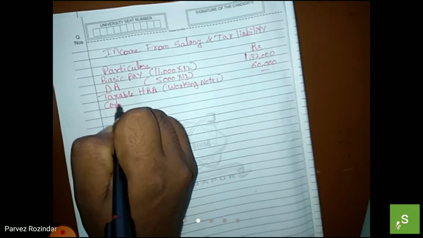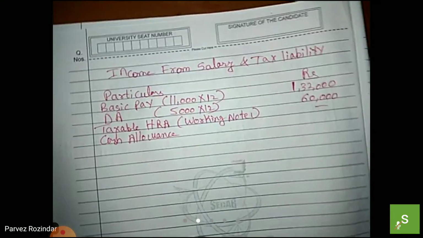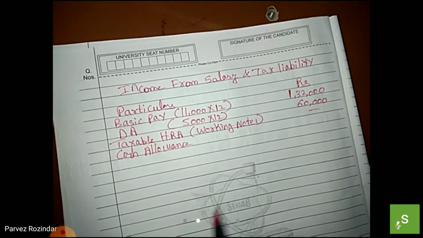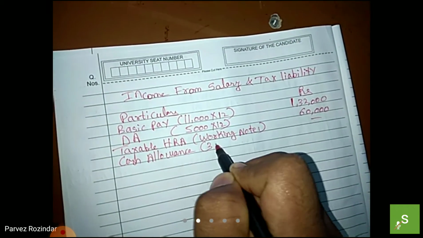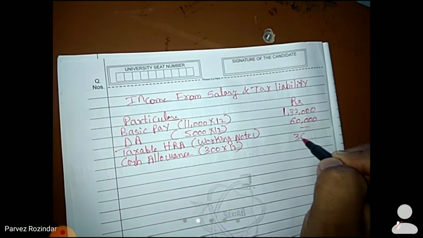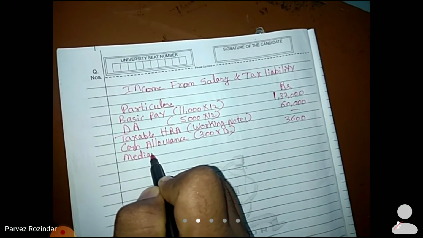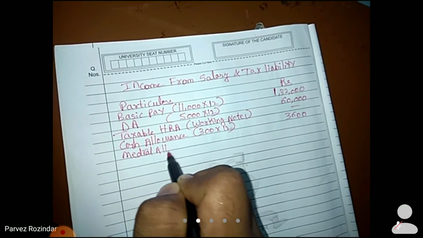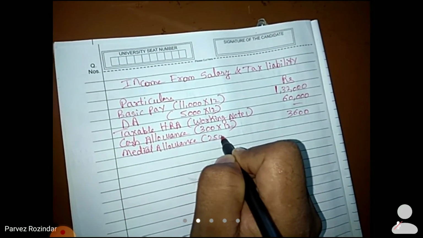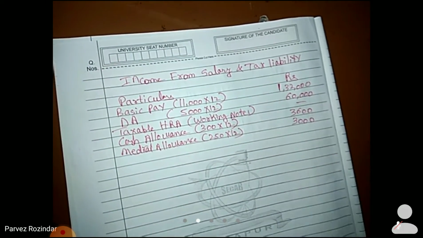Cash allowance is 300 into 12, so it is 3,600 rupees. Next comes medical allowance, 250 rupees per month, so it is 3,000 rupees.